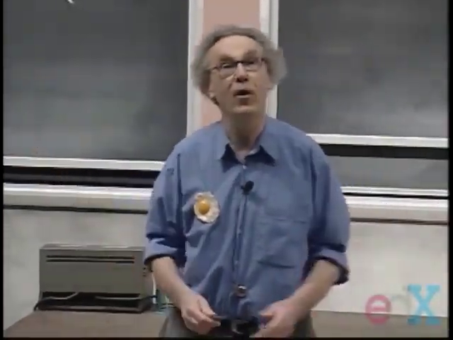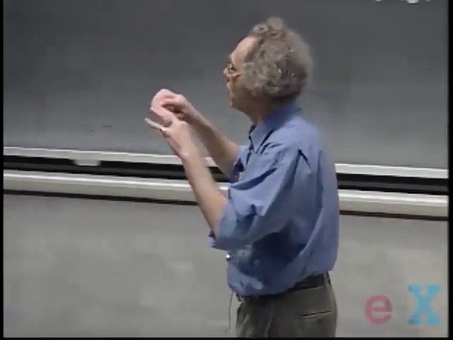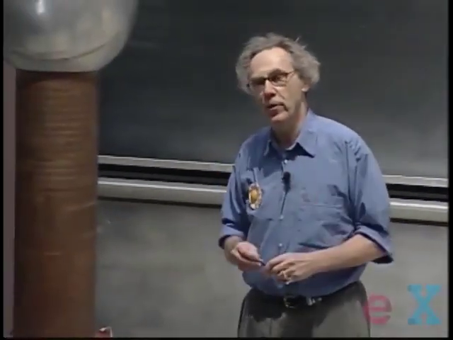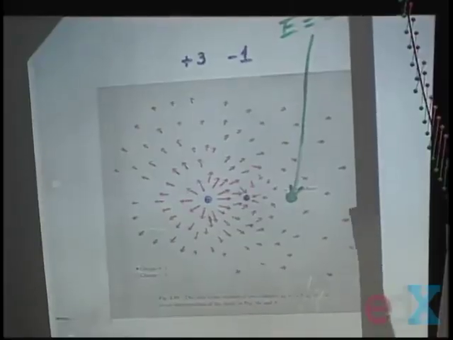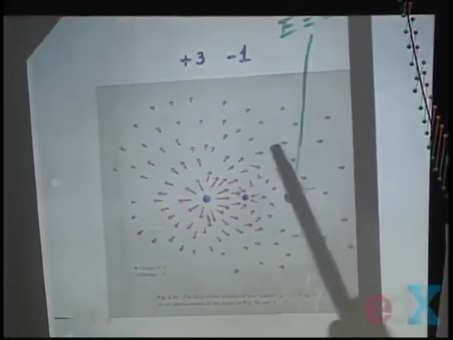And the reason is that +3 and -1 is as good as a +2 if you're very, very far away. But of course, when you're very close in, then the field configuration can be very complicated. But you see very clearly that these arrows are all pointing outwards.